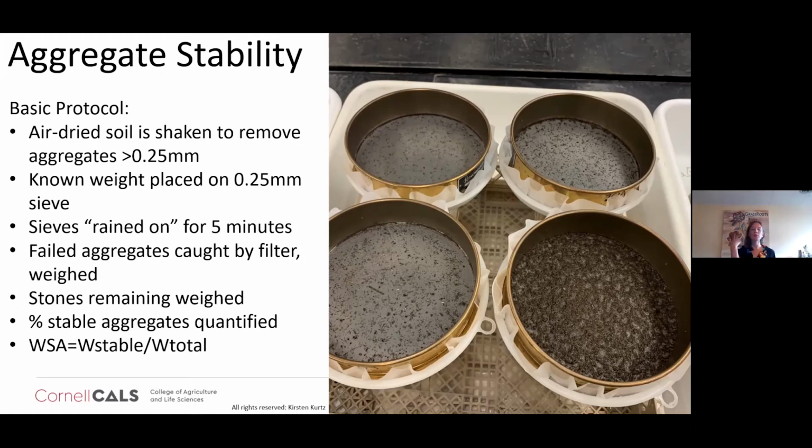We then simulate a rainstorm on these samples, at which point any aggregates that can fail do and fall into the filter. What remains is stone and stable aggregates. We then force the stable aggregates through the sieve, and we dry and weigh the stones. We dry and weigh what we lost to the filters, and from that we're able to report your percentage of aggregate stability. And this test was also designed in-house.